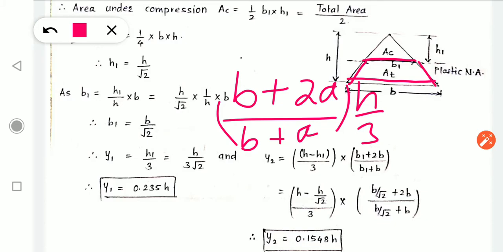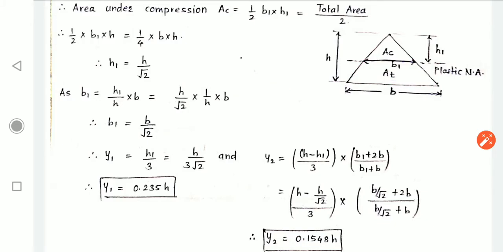You must remember, you must have used different things like b, instead of b you must have written b1 or a1 or c, but you must remember the concept behind it. Nomenclatures may be different, but the formula remains the same. So I am using that exact formula of the CG of a trapezoid and will calculate Y2 for this section. So let's try it.